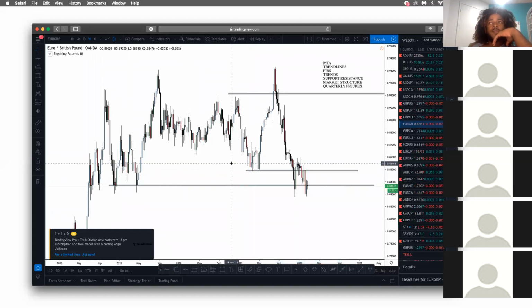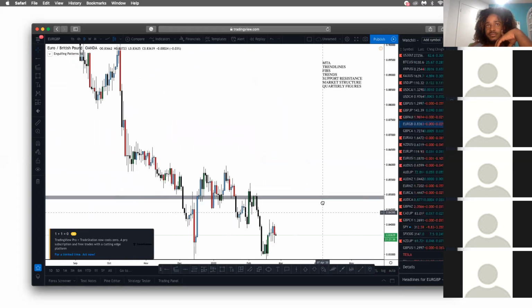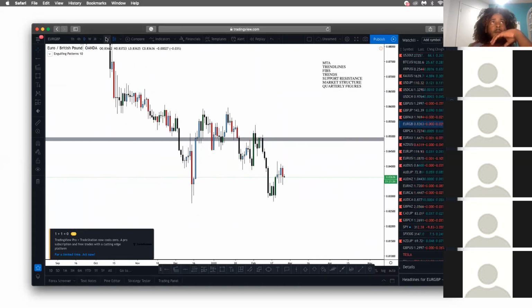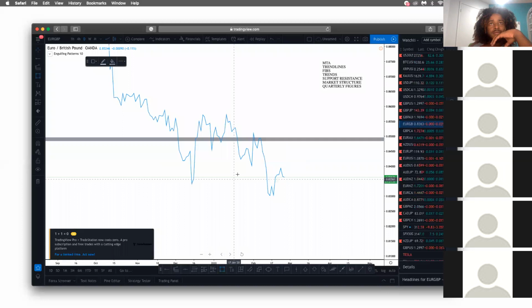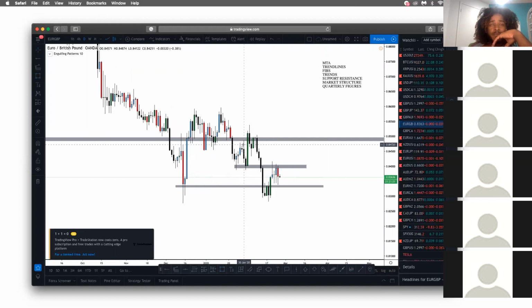Now, just sticking with support and resistance, we go down to the daily. And you have to remember it's like a zone, right? So we could see the market reacting. It's reacting to the levels.